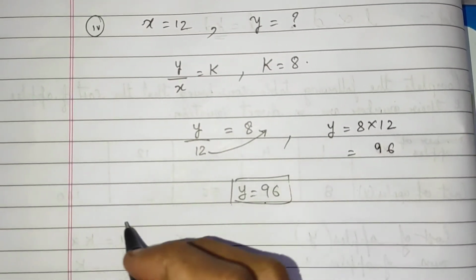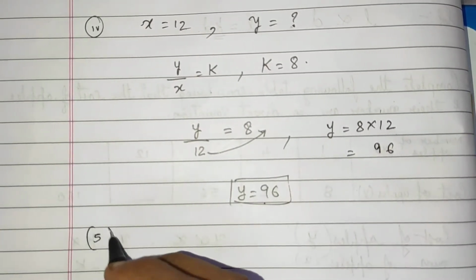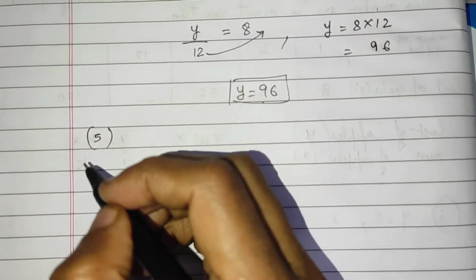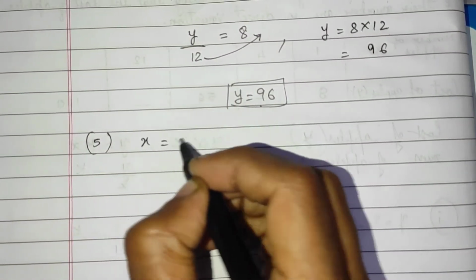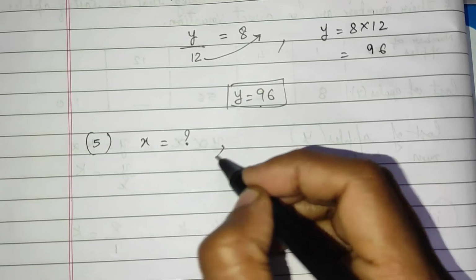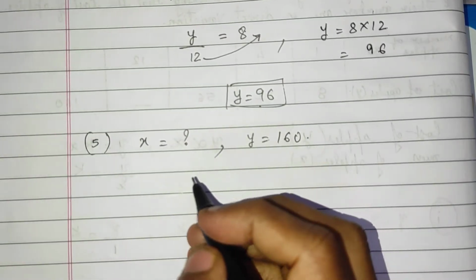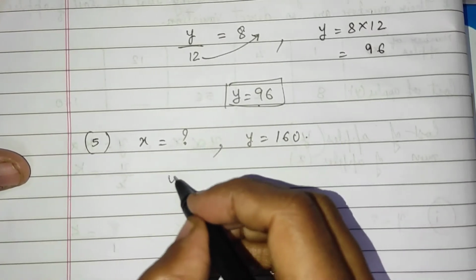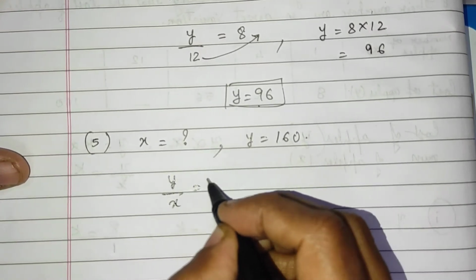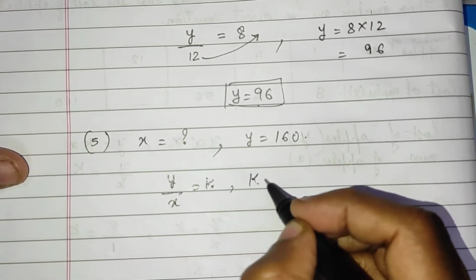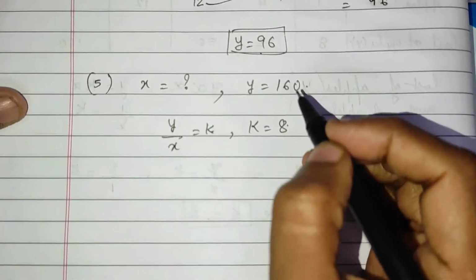Now the last one, fifth one. Here x is equal to question mark, y is equal to 160. So according to the formula, y upon x is equal to k, where k is equal to 8.